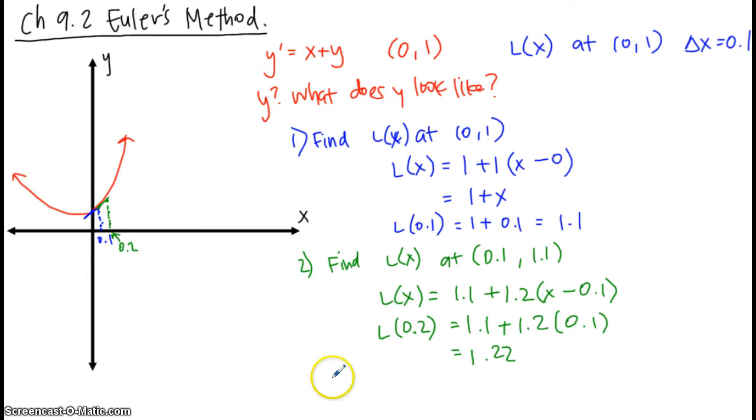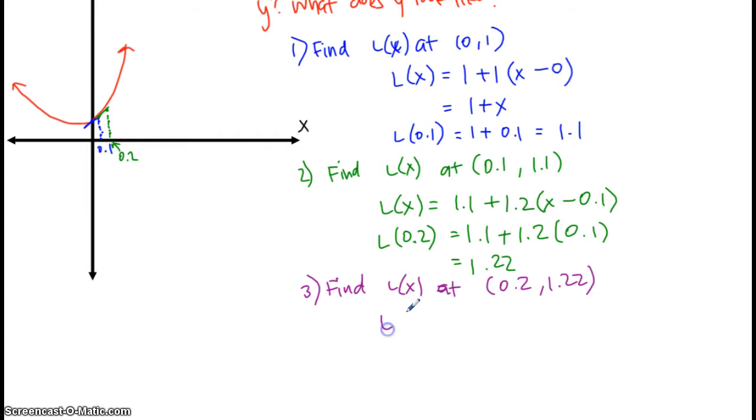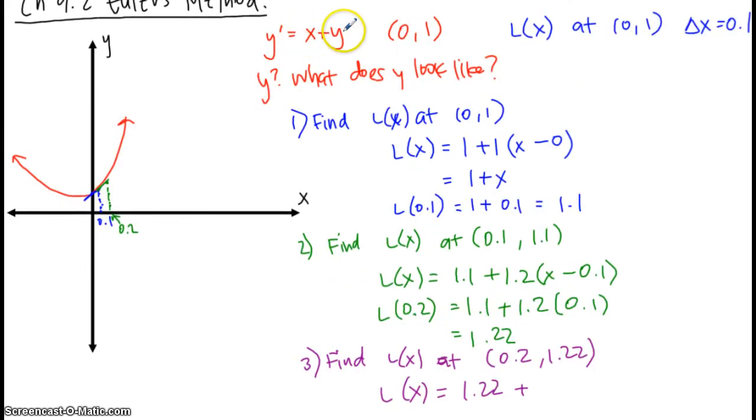So then what I'm going to do next is I'm going to find a linearization model at 0.2, 1.22. Okay, so if that's the case, again, I'm going to use my point slope form, which is going to be y1 plus the slope, the instantaneous slope at this point, which again was defined by my differential, x plus y.